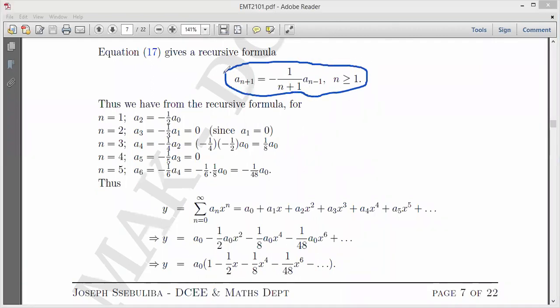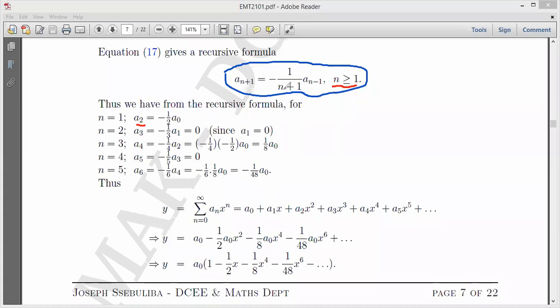So simply substitute values of n, starting from 1. We insist on this one here. We have already catered for the 0. If you take n equal to 1, that is this first one here. If you throw a 1 here, this becomes a2. That's how this one becomes a2 here, because n plus 1, with n equal to 1, is 2, so you get a2.